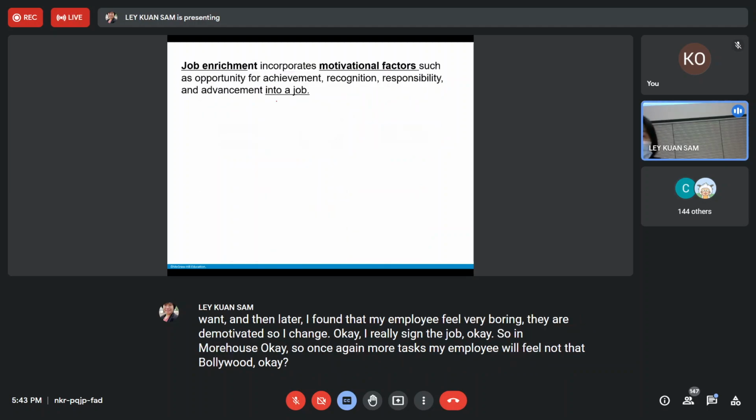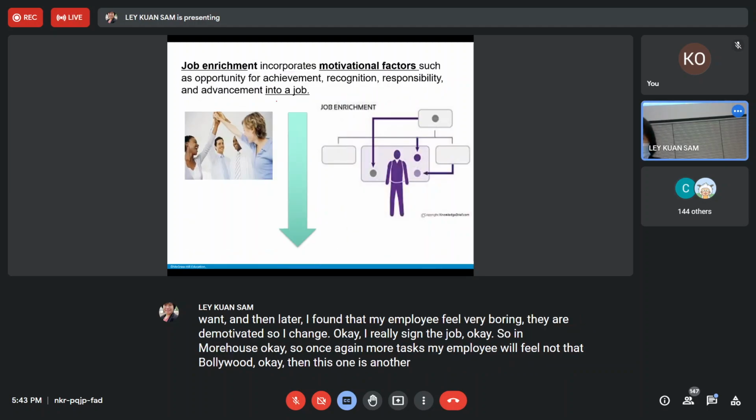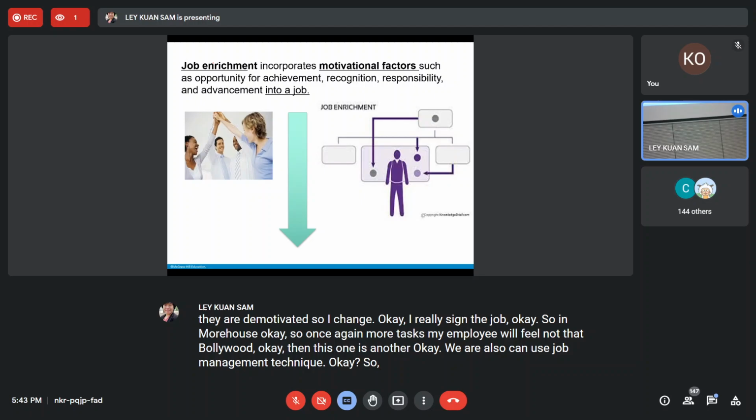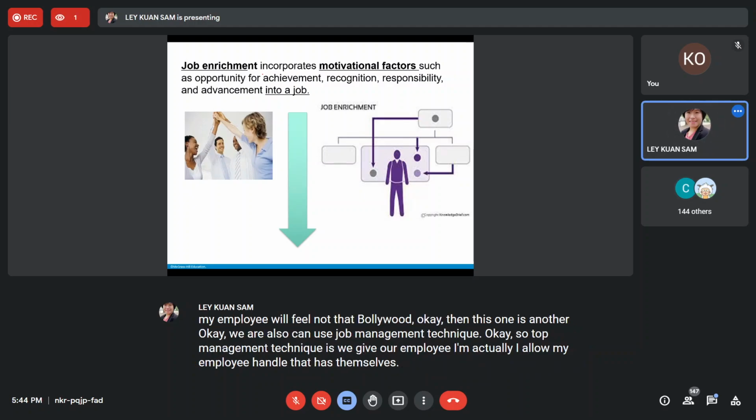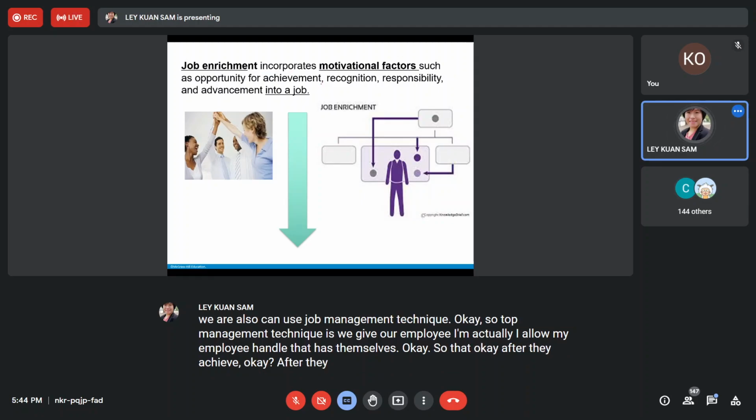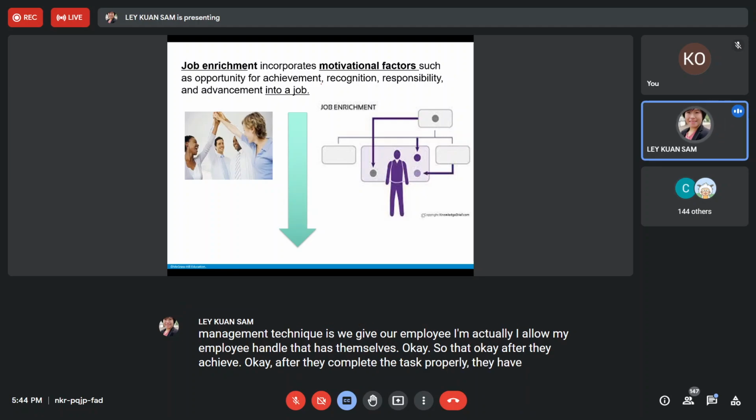Then this one is another technique. We also can use the job enrichment technique. Job enrichment is where I allow my employee to handle the task themselves, so that after they complete the task properly, they have a sense of achievement.